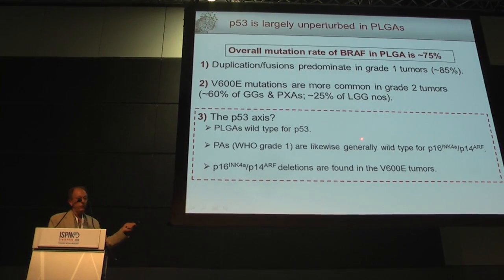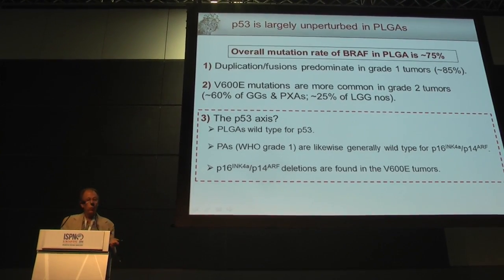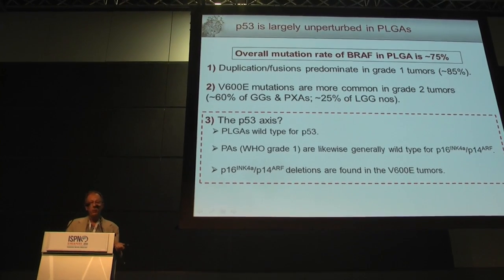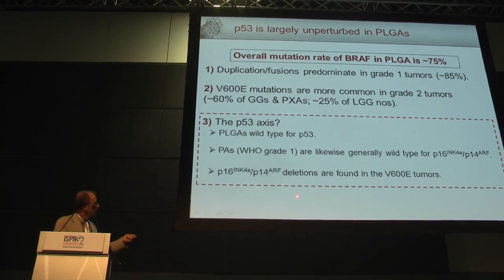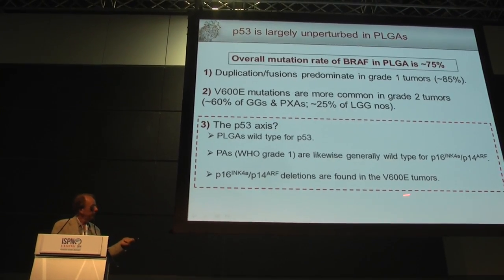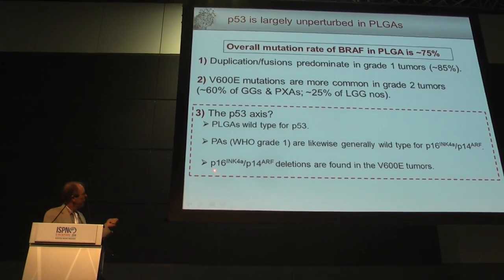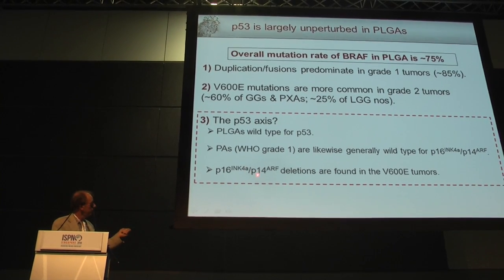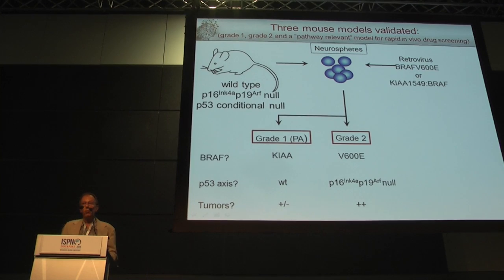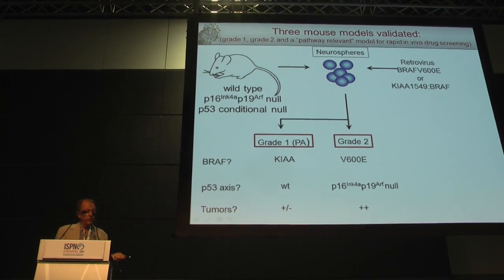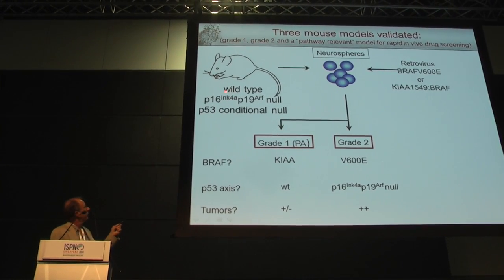The pilocytic astrocytomas are typically likewise wild-type for the p53 attenuator p16INK4A/ARF. Well, if you go to the higher grade tumors where you find V600E, you do find occasional deletions in p16INK4A/p14ARF.